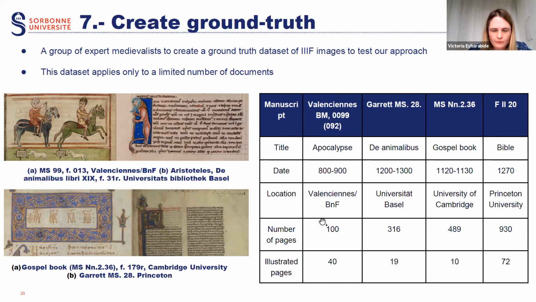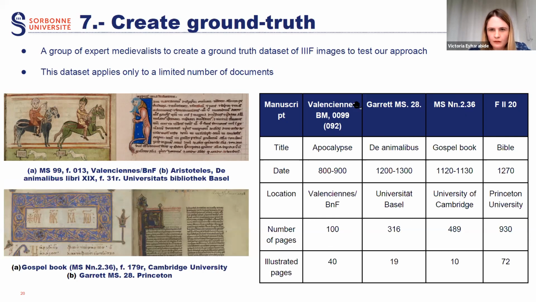So the documents are now in the IIIF library in France, the University of Basel in Switzerland, Cambridge University in the United Kingdom, and Princeton University in the United States.